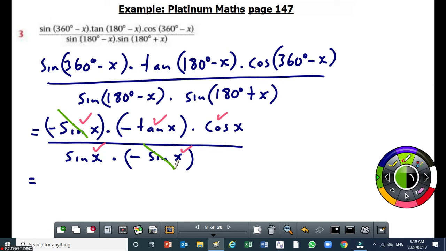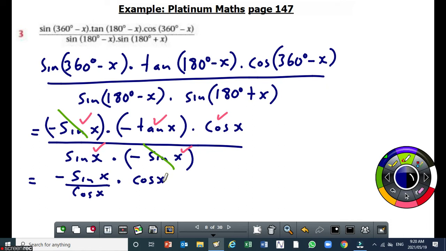Now for this question, we have to introduce the fundamental identity, this one here. See this one here? Tan theta is equal to sine theta over what? Over cos theta. So what I'm going to do is convert this tan x here to sine over cos. So I'll write minus sine x over cos x times that cos x there.